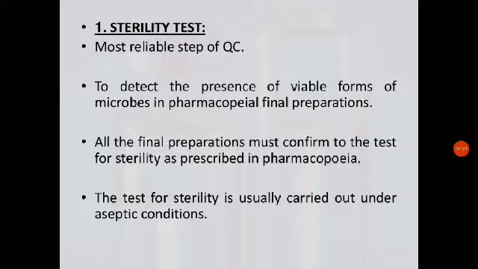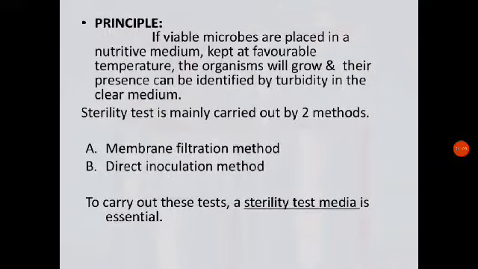Sterility testing is used to detect the presence of viable microorganisms causing infections in the final preparations, and that must be confirmed with the prescribed pharmacopoeia, and this test is generally performed in aseptic conditions.